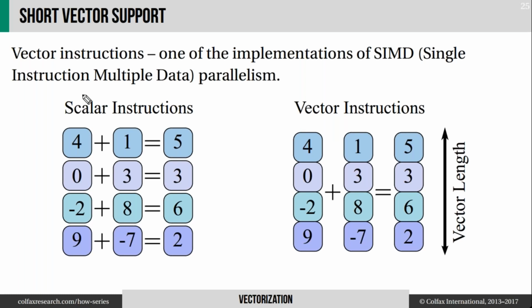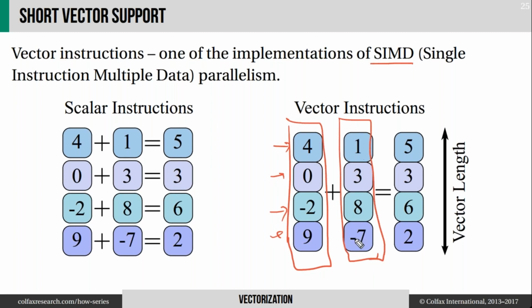Reminder for everyone, vector instructions implement single instruction multiple data, or SIMD parallelism. It means that you can take multiple numbers at once and load them into a vector register. If you have multiple operands, load the other operands in a vector register, and then apply one instruction that will be computed element by element in every lane of that vector.